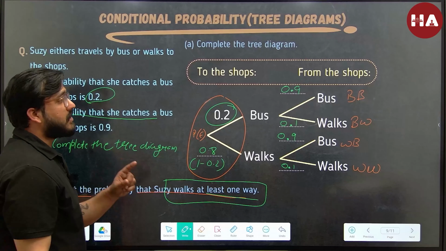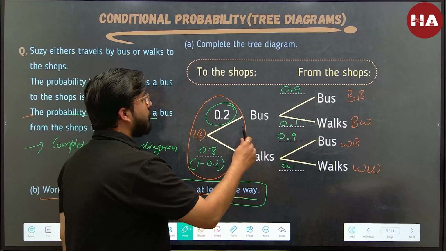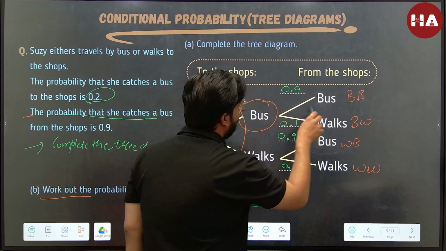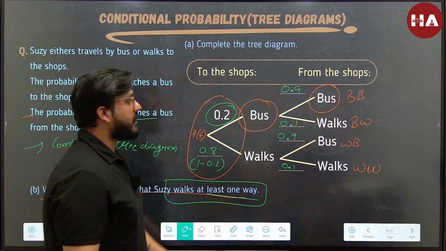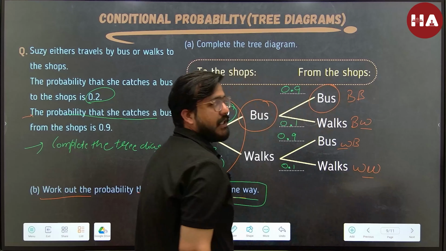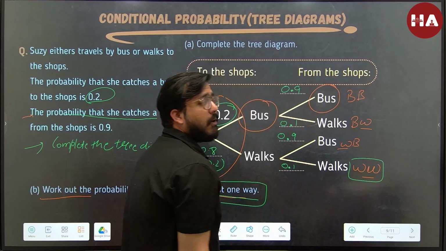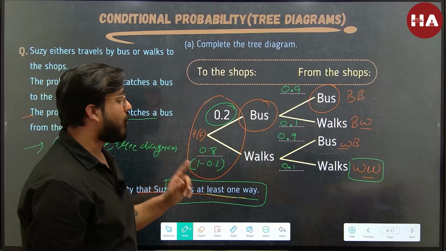Now at least is coming, then you have to exclude what? You have to exclude the part that consists of the bus value. As you can see that there is one walk part in this, and this will also be considered because we are talking about at least one walk side.